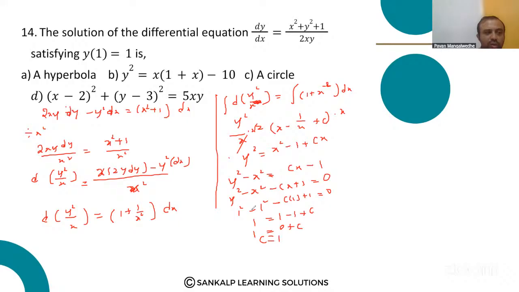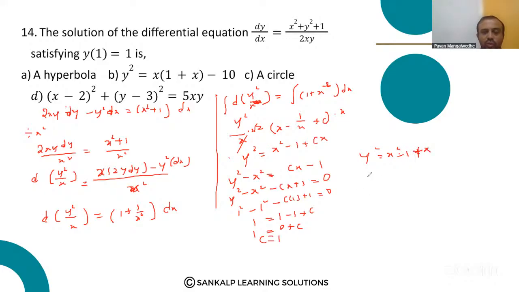So using this condition, y square is equal to x square minus 1 plus x.